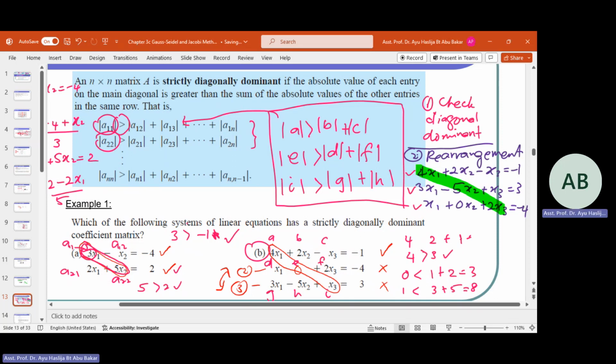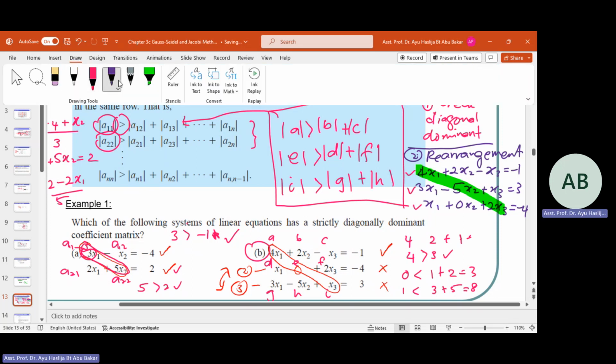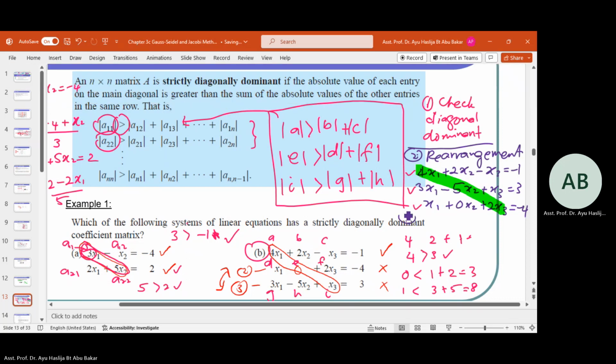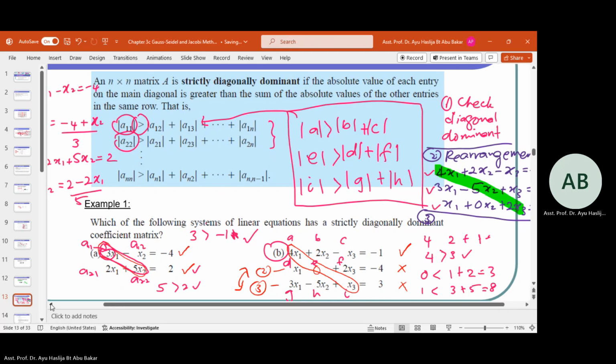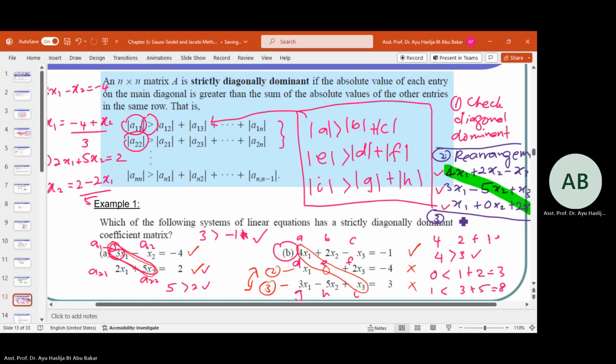After you fulfill the diagonal dominance rule, in this case, then only we generate the equation of the unknown.